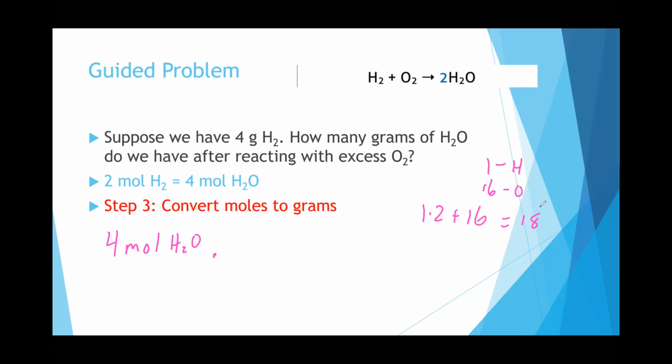And we want the grams on the top, 18 grams per 1 mole. So we can cancel out the moles. The mole of H2O and the mole of H2O cancel out, so the only unit left is grams of water, which is exactly what we want. 4 times 18 is 72, I believe.